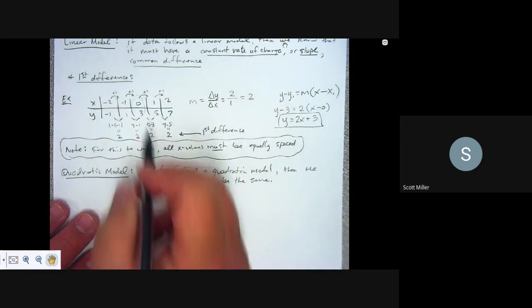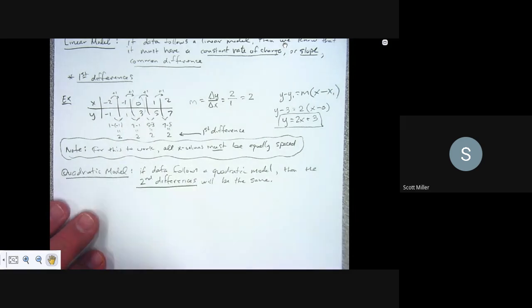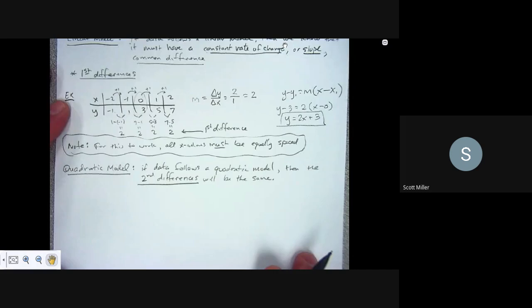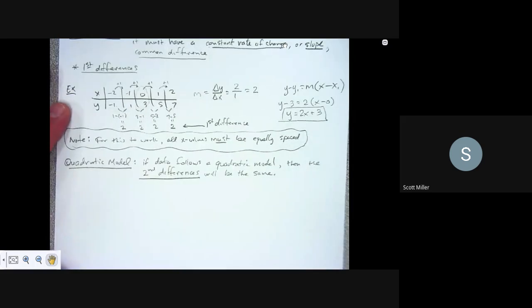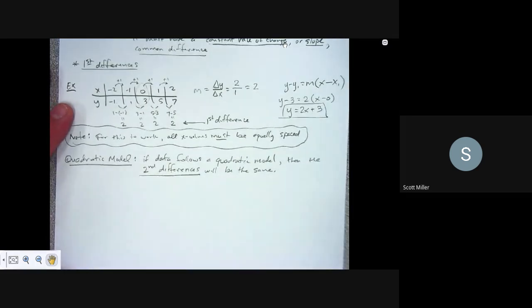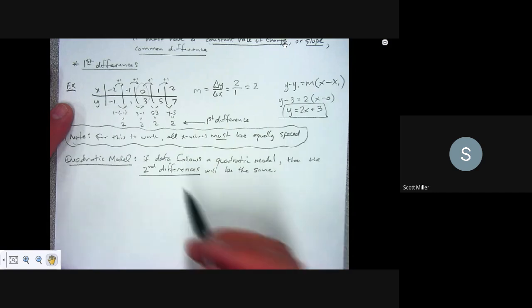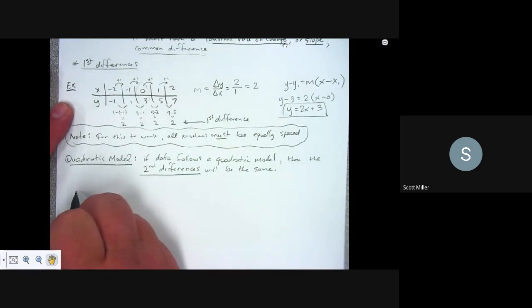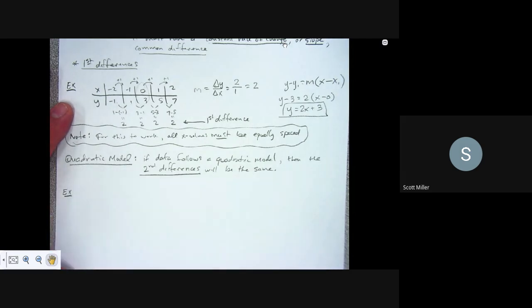So in a linear, the first differences were the same. In a quadratic, the second differences are the same. And that's how you can identify a table of values as being quadratic. You just do the first and second differences. If the second ones are the same, then you actually have a quadratic model. And then you can follow processes for finding that equation.